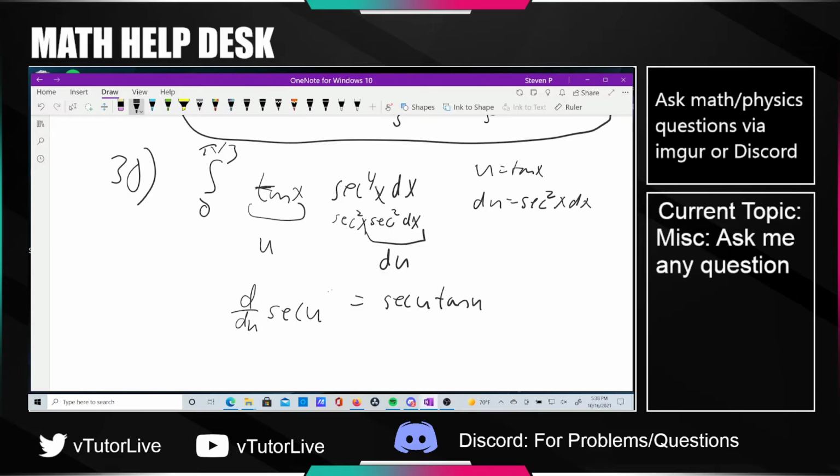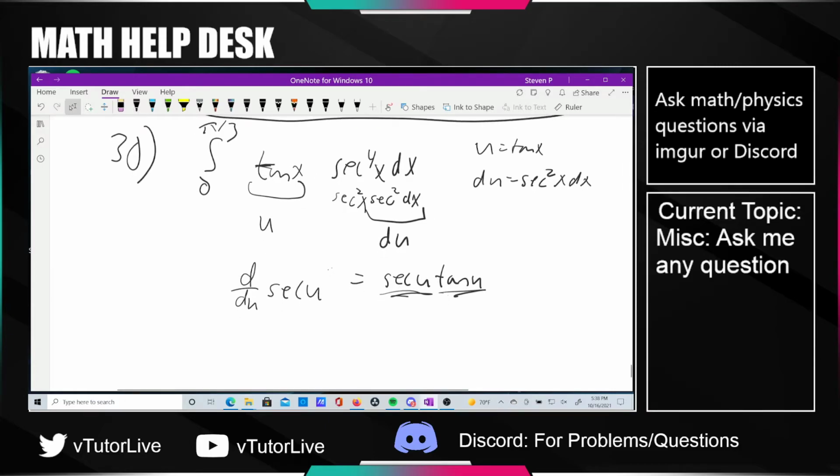So I thought to myself, this could be really promising, because this preserves the secant and spits out an extra tan, right? Sorry, I guess I should make this x's. So my idea is maybe if we let some of these secants be u, and then we take the derivative, then we get a secant tan pop out beautifully.